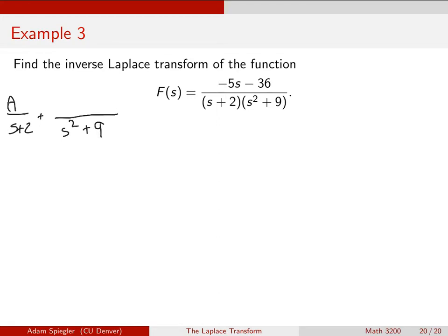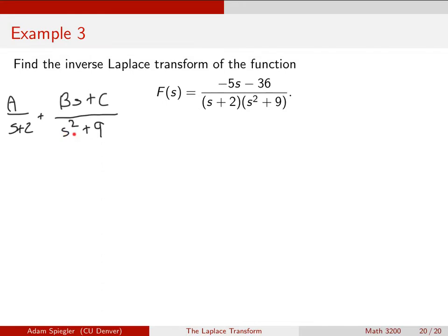Okay, and notice that this factor, we can't factor it any further. That's factored as far as it can go. And so we have a quadratic on the bottom. So when we do this process of partial fraction decomposition, you always put in the numerator of each of those factors an expression which is 1 degree less. When we saw these earlier in the semester, each of the factors was linear, so we just had a constant up top.